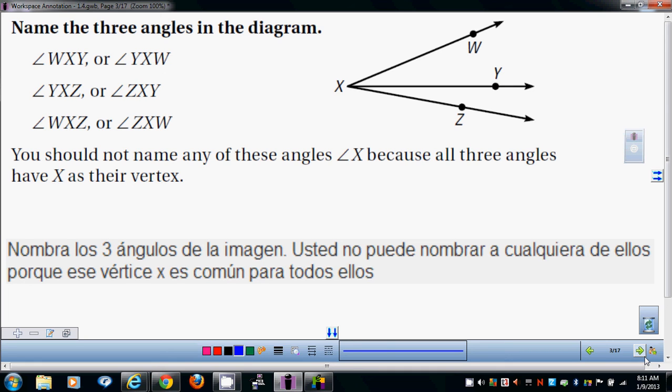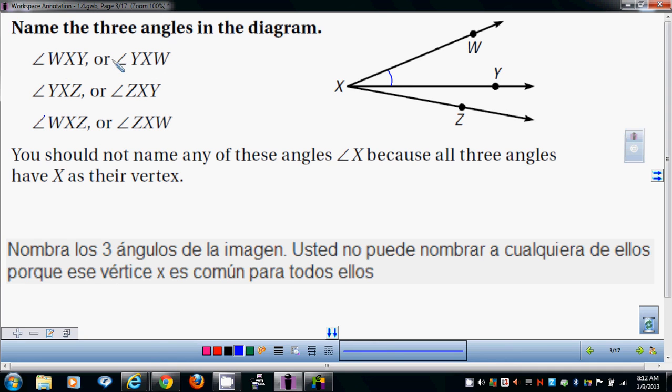So, I accidentally covered the number. The three angles here each have two names you can call them by. The three angles are WXY, the top one, which could also go by YXW. Notice, what's the only thing that these two names have in common?